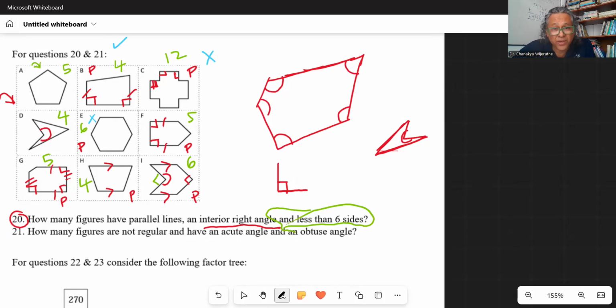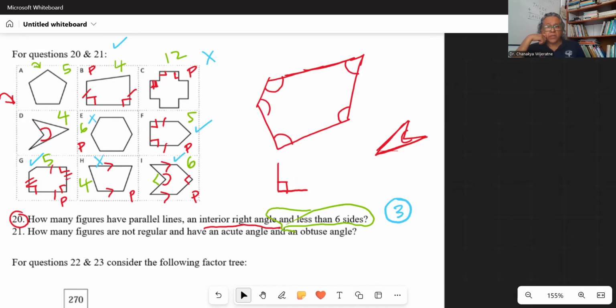Okay, we need to count, count, not count, count. So how many? There are 3. So there are 3 figures, right? All right. Hope I did not make a mistake. If I did, let me know in the comments.